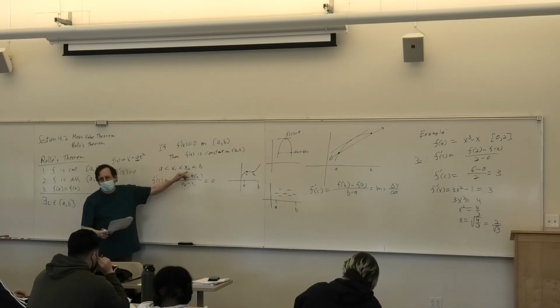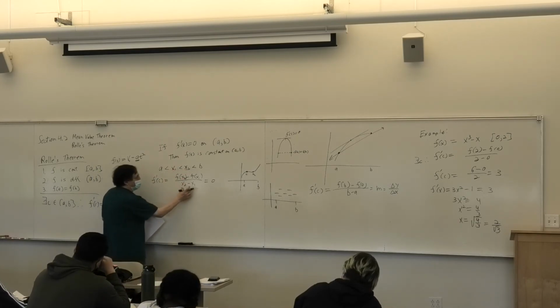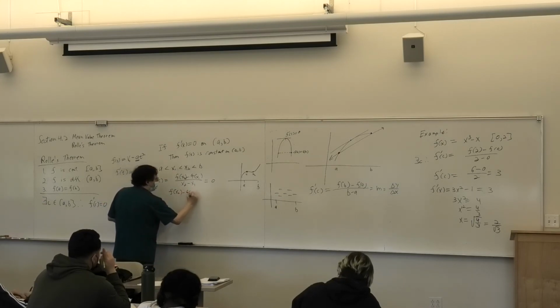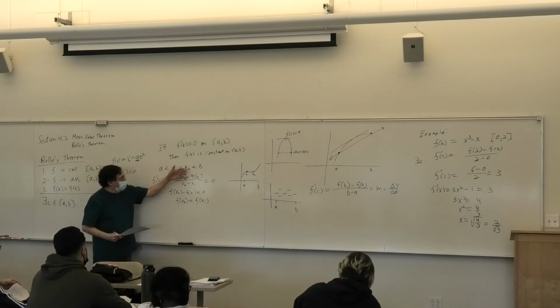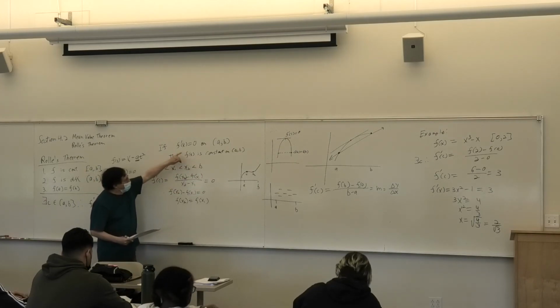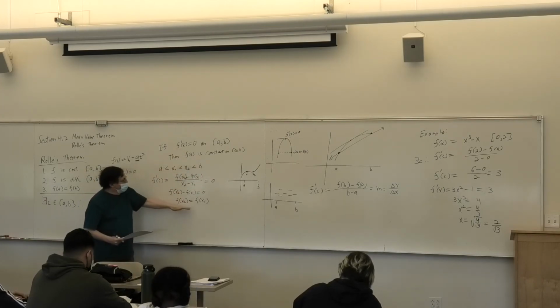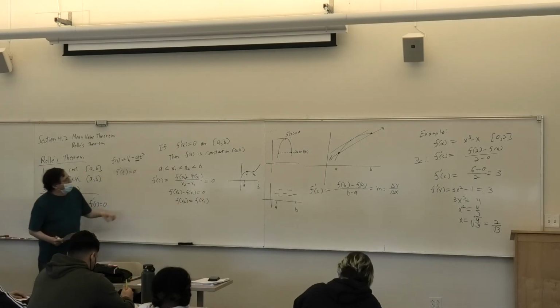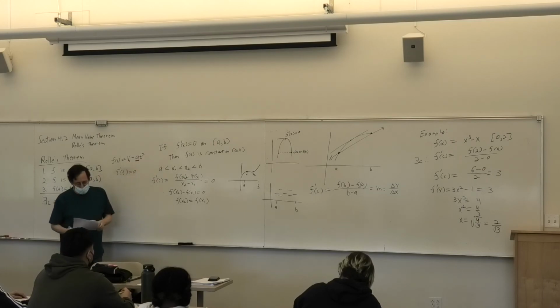Probably should have said x1 and x2 are not the same. So I can multiply this out and I get f of x2 minus f of x1 equals 0, or f of x2 equals f of x1. That is to say, any two numbers I pick between a and b, because of the mean value theorem, and given that the derivative is always 0, these two have to be equal. So we've proven what we wanted to, that f of x is constant on that interval.